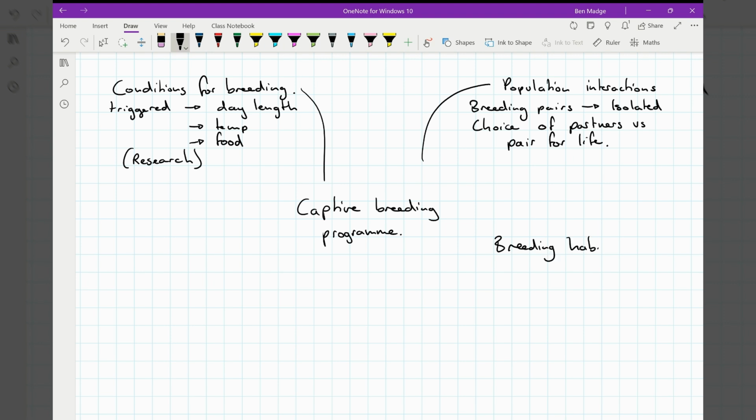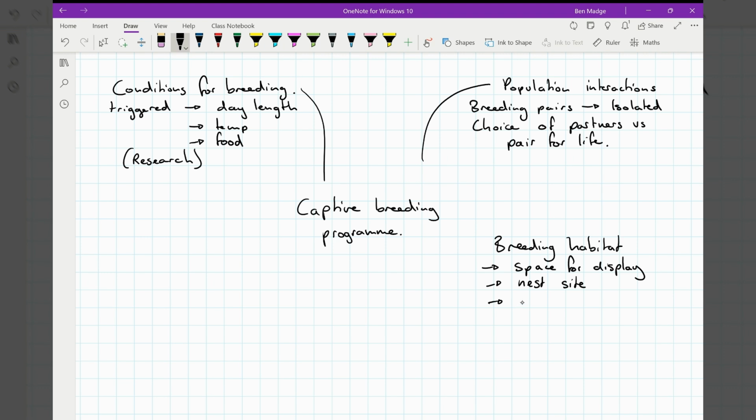We've got our breeding habitat. So they need to have sometimes space for courtship, space for display. They might need to have a suitable nest site. They might need to have tricks to make them feel comfortable.